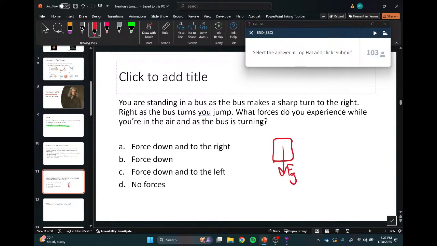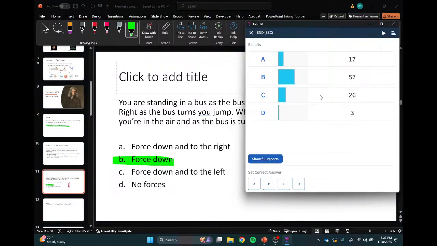There are no strings attached to you. Sure, the bus moved, but there is nothing connecting you to that bus, so that if the bus moves, you're going to move with it. If you're in the air, nothing's going to be pulling you. So there is only a downwards force.